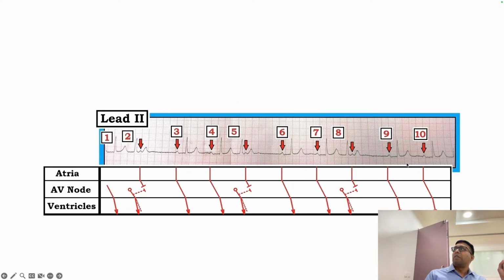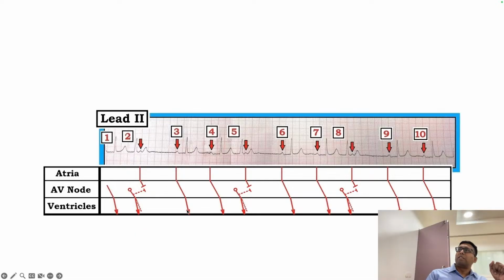So whenever you are seeing an ECG, you have to start making the same ladder diagram. From the ladder diagram point of view, you can see here we are not getting the initial part. Now it started, this P wave started from here. P gone, it is blocked here, and this is the QRS which is being conducted down.